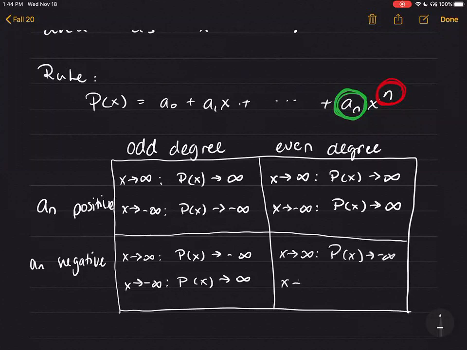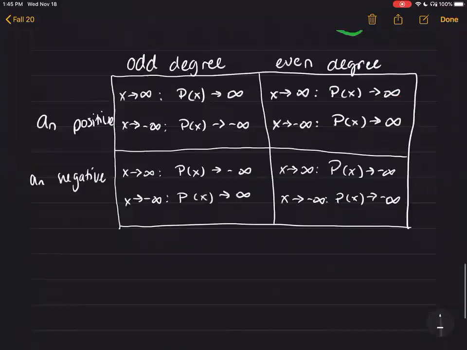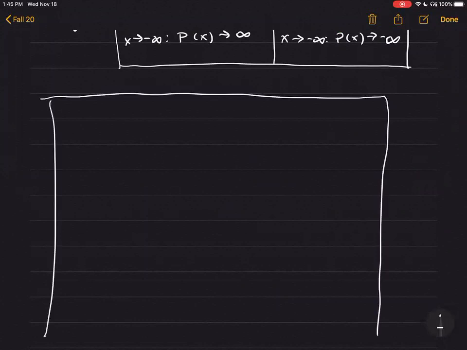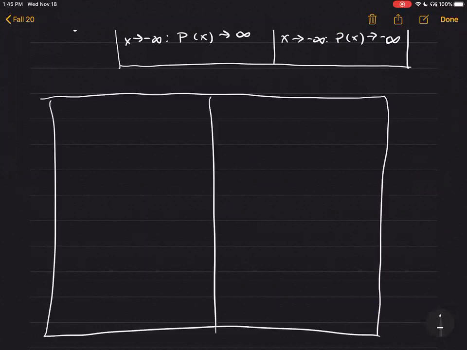And as x goes to negative infinity, p of x still goes to negative infinity. And this is a lot of symbols and data, and it's easier to see what's going on in pictures. So if we were to draw the exact same chart, but this time we'll graph it, it'll make a little more sense.